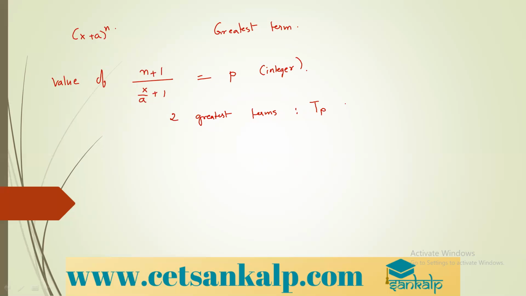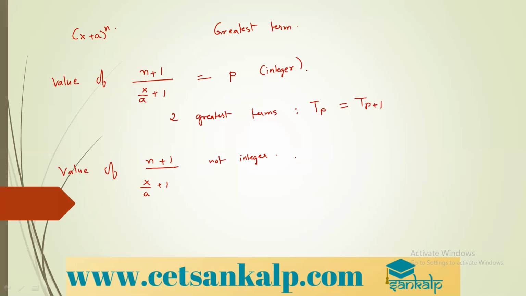One is the pth term and the other is the (p plus 1)th term, but both will be equal only. But if this does not happen, when you find (n plus 1) by (x by a plus 1), the answer is not an integer.